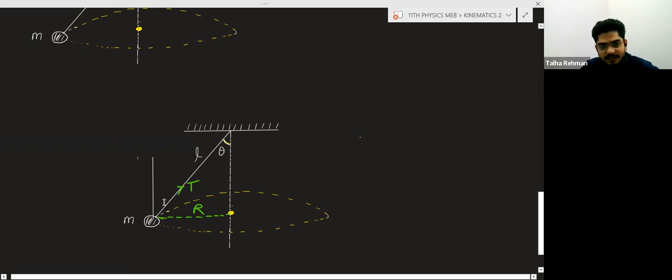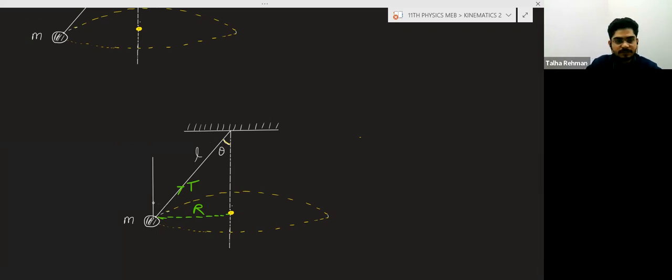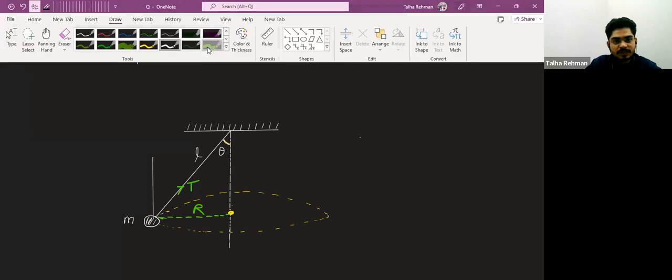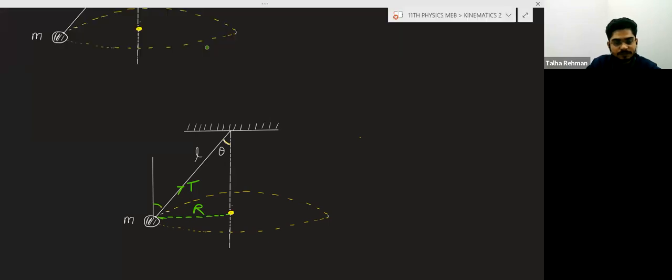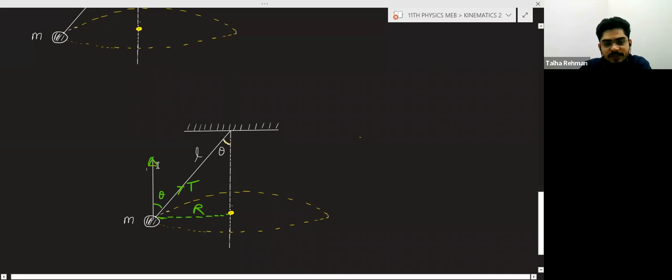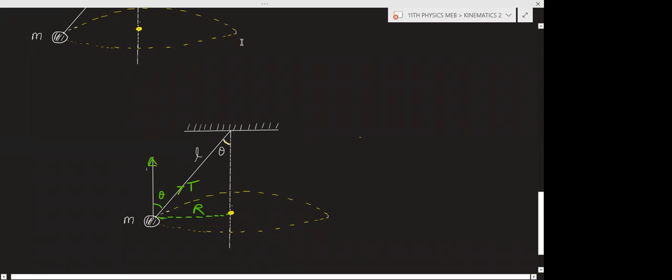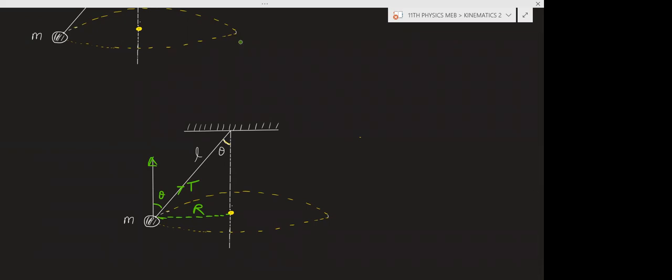If this angle is theta, then this angle will also be theta. Divyangi, what will be the component of the tension in this direction? T cos theta. Yeah, right, T cos theta.